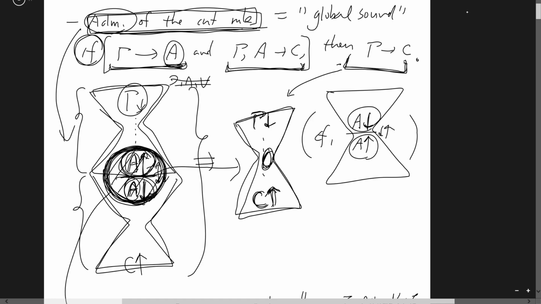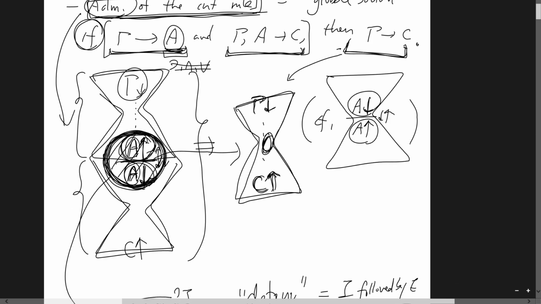It doesn't tell anything about the particular form of this formula A. So what that means is that I don't care about the shape of this detour. So whatever detour it is, I can get rid of it, irrespective of the particular form of this formula A.